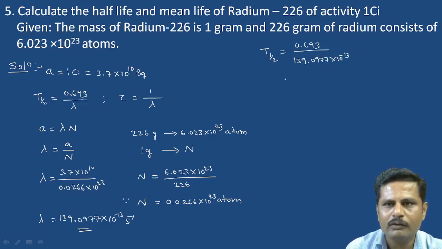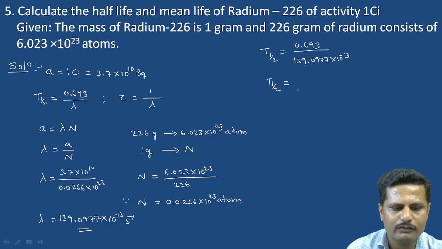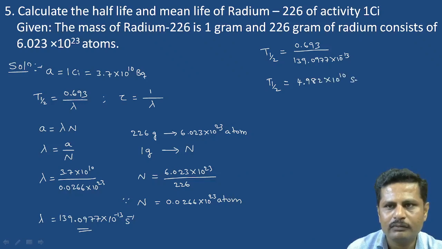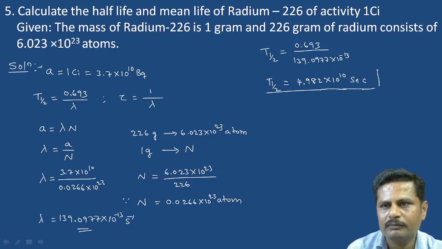When you simplify this, we get half-life T half equal to 4.982 into 10 raised to 10 second. This is the half-life period of the given radioactive substance.